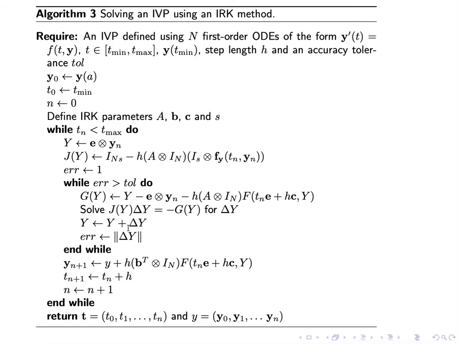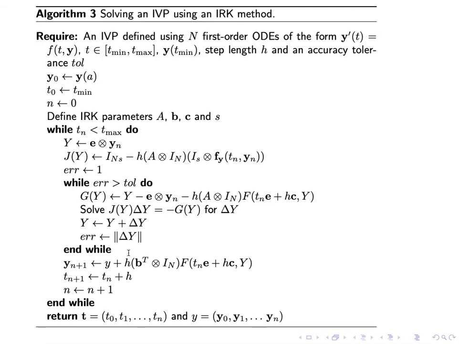Once you've got delta y, we update our guess value for big Y, and we calculate the error, which is the norm of our delta y's. And we keep doing this until the change in big Y is less than some tolerance, and we quit. That should take less than 10 iterations.